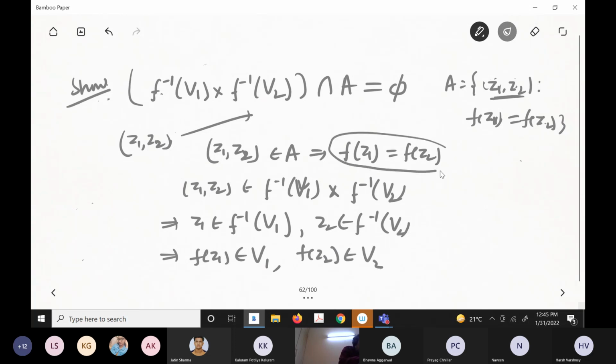But this you have, that means v1 intersection v2 not disjoint. But previously that's the way we chose.